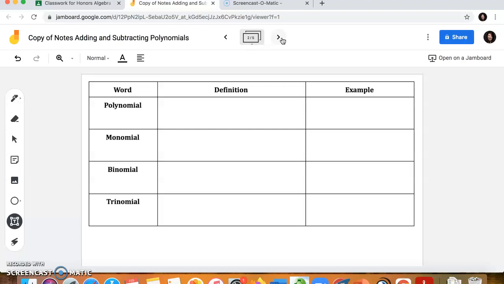So now we're going to talk about polynomials, and that's what this unit is about. And today we're going to be adding and subtracting polynomials.